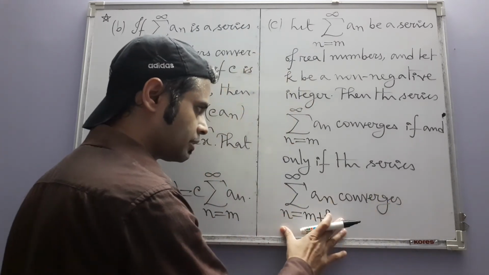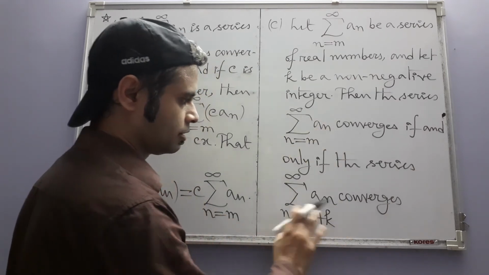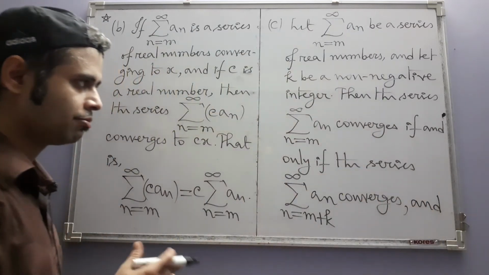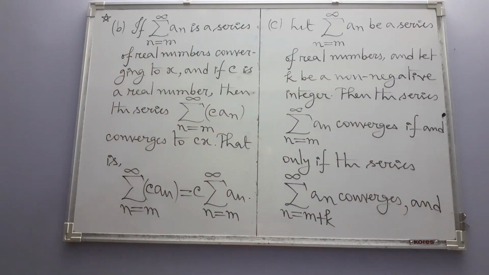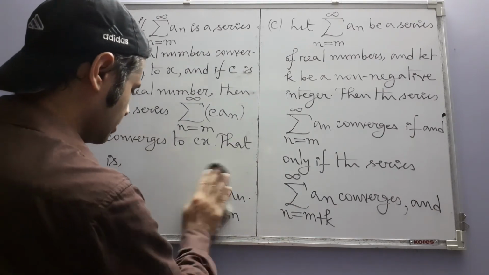If this converges, then this converges, and if this converges, then this converges. And when any one of them and hence both of them are convergent, we have this identity involving their sums.